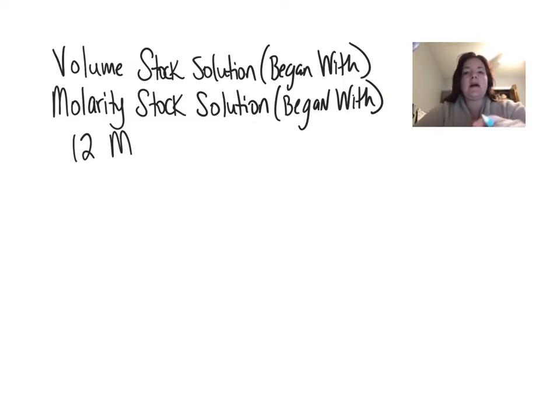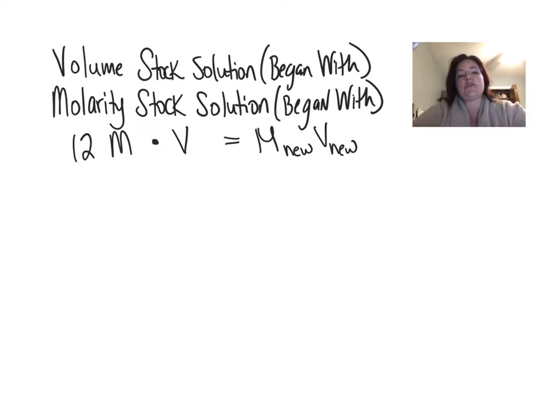Because the number of moles doesn't change when we dilute something, I can set the molarity times volume of my stock solution equal to the new molarity I want and the new volume that I need.